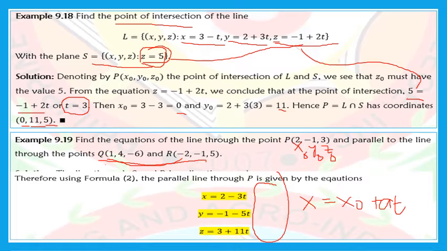And then, minus 3, kasi yung 3 is yan yung direction number ng points na Q and R. Tapos, y naman, y sub o is negative 1 minus 5 kasi yung pangalawang direction number is negative 5 times t, so negative 5t, and then z is 3, z sub o is 3 plus 11 yung pangatlong direction number times t. So formula lang talaga yung kailangan natin dito sa analytic geometry in 3 dimensions.